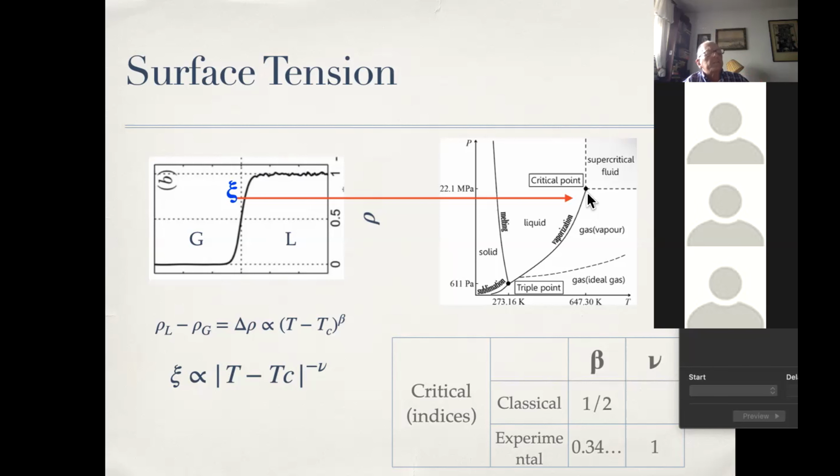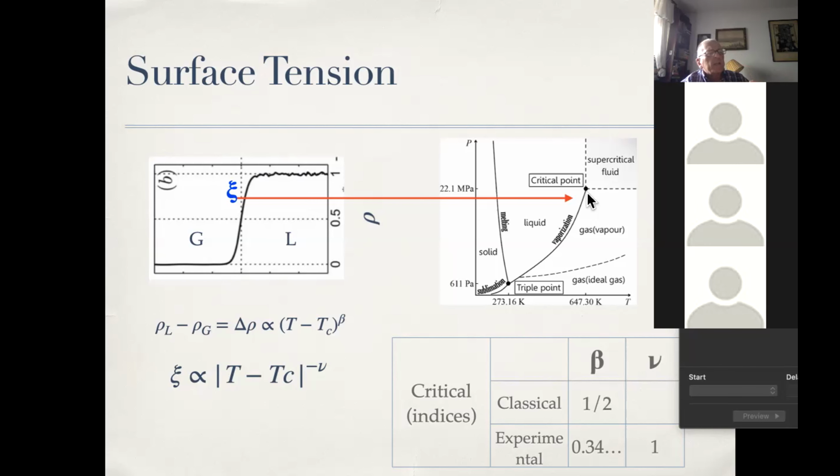The physics of those phase transitions can be split into blocks of systems which, although they have very different physical properties, have very similar properties close to the critical point. And that is encoded in the fact that they have the same critical exponents.